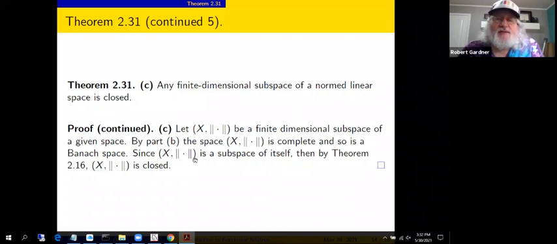We could treat this as a subspace of itself and then employ theorem 2.16, which said a subspace of a Banach space is itself a Banach space if and only if it's closed. And that's where the closure comes from. So that gives us the closed conclusion, and finite dimensional subspaces of normed linear spaces are closed.